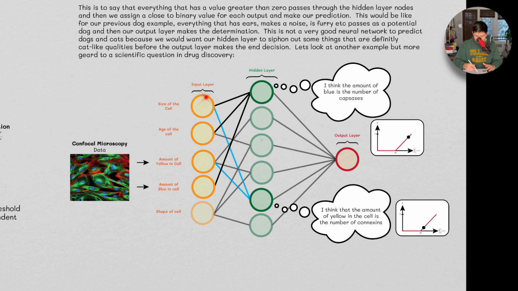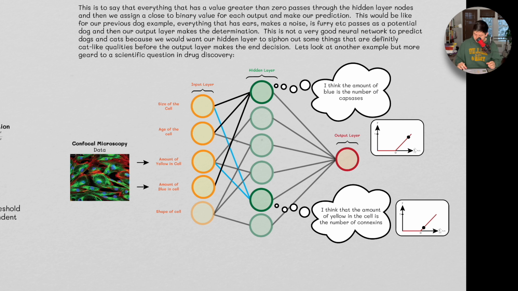We can do another one, for example. We could say perhaps the size of the cell and the amount of yellow in the cell are linked in some way. We could have this hidden node thinking, well, I think the amount of yellow in the cell is the number of connexins, right? So connexins are proteins in cells that tether cells to each other. And as you could think, maybe if the cell is bigger, it has more connexins because it has more neighboring cells to connect to.